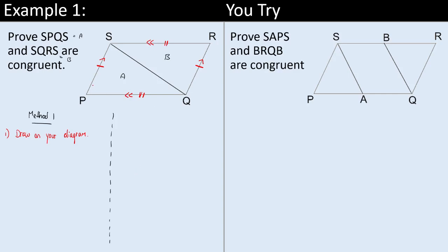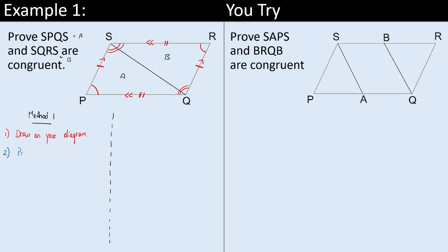Okay. I know that this angle should be equal to that angle. And I know that this angle at the very top should be equal to this angle at the very bottom. And for a parallelogram, I don't really have anything else that I can add to that. That is pretty much everything that I could add. Okay. So, I've drawn on my diagram.